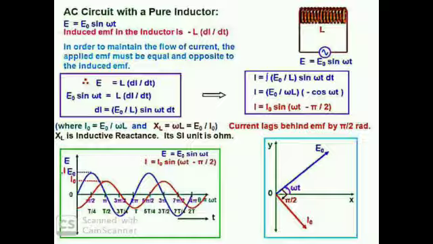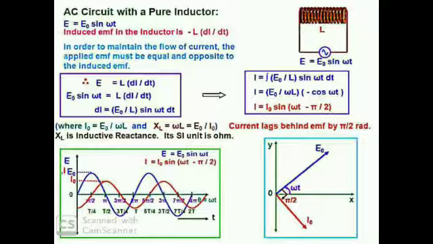You see that the phase of the EMF is omega t and the phase of the current through the inductor is omega t minus pi by 2. So the phase difference is minus pi by 2. So you can say that the current in the inductance lags behind the applied EMF by pi by 2.